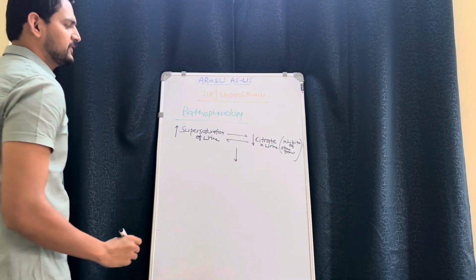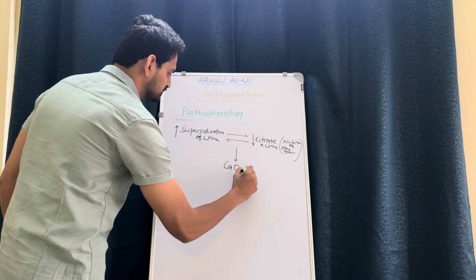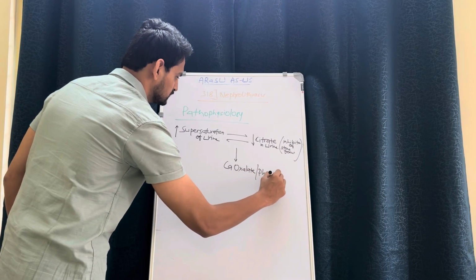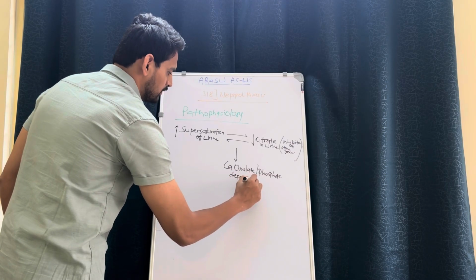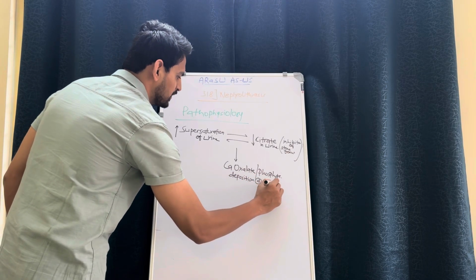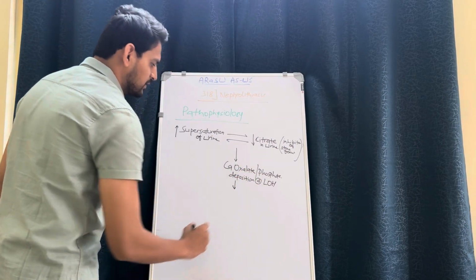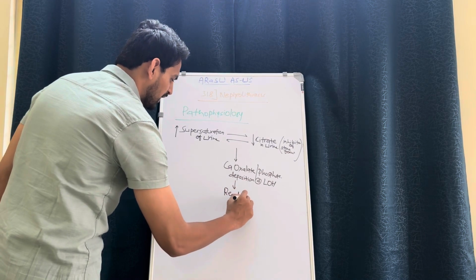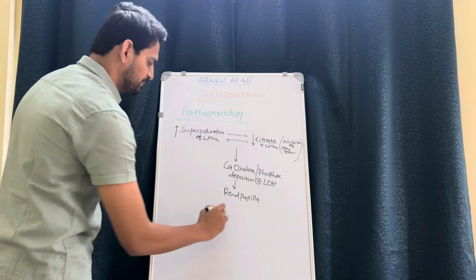So this imbalance will lead to calcium oxalate or phosphate deposition at loop of Henle. So this is the initiation site. From there it will trickle down towards renal papilla, eroding the papillary epithelium.